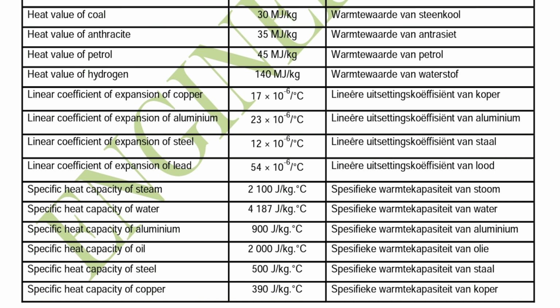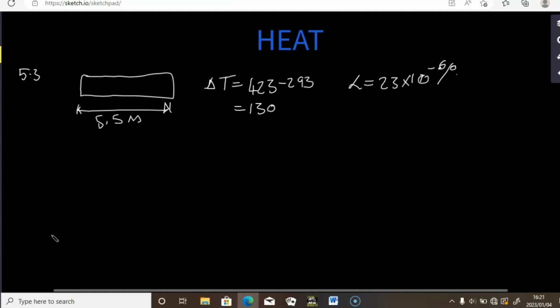So the coefficient of linear expansion of aluminium is 23 times 10 to the power negative 6 per degree Celsius.